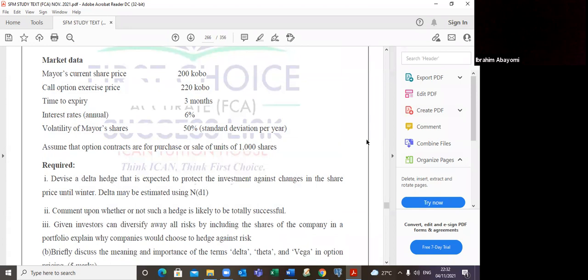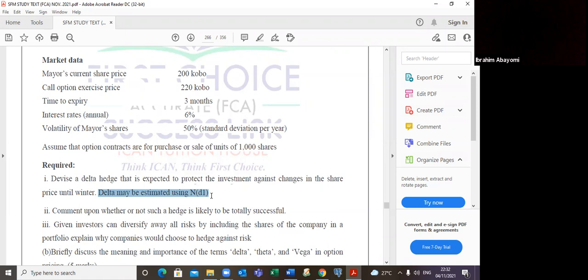So the first thing you need to do is to compute this ND1. You don't even need the examiner to tell you that delta may be estimated by using ND1. Delta of call, like I told you in our last class, is ND1. Delta of put is ND1 minus 1.